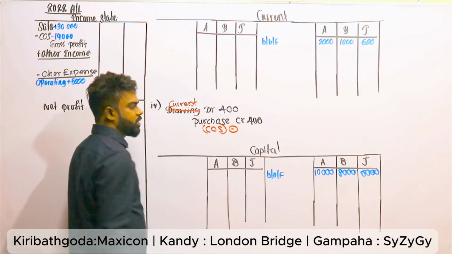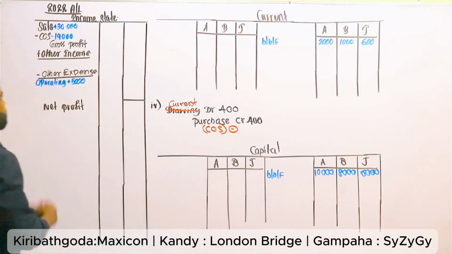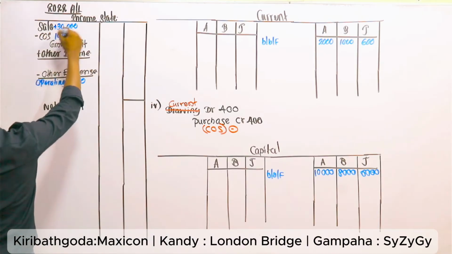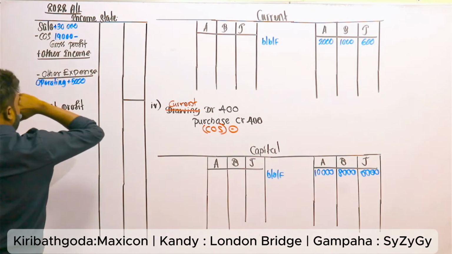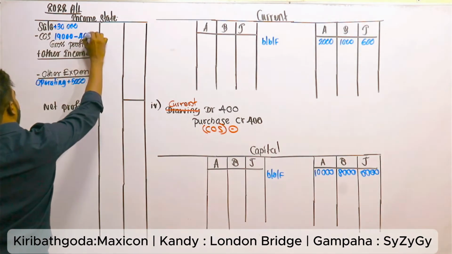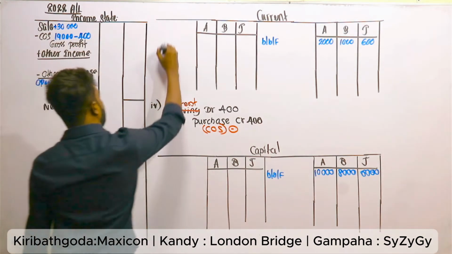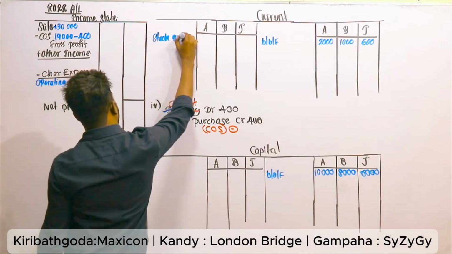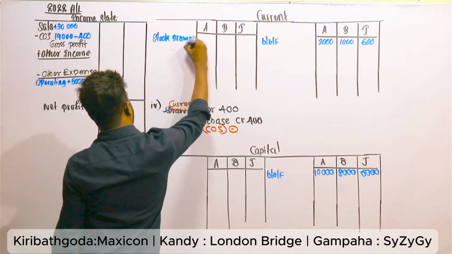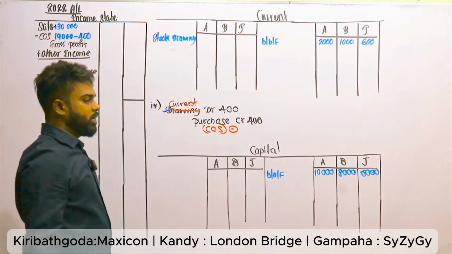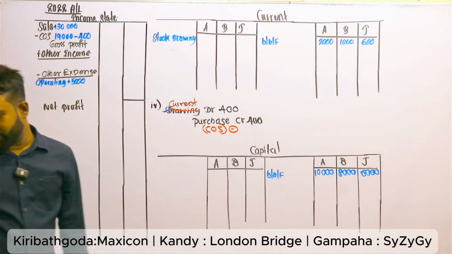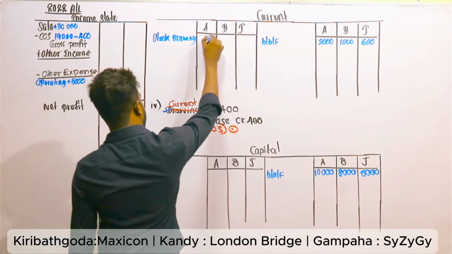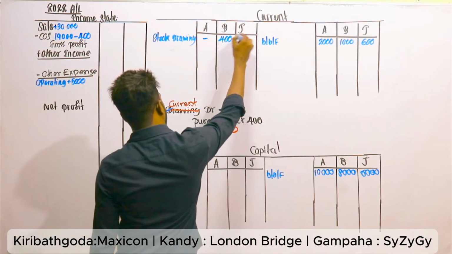Cost of sales credit means deducted from the cost of sales. Here I'll record 19,000 deduct 400, 18,600, and the current account debited here. This is Banu's, debited to Banu. Very easy.